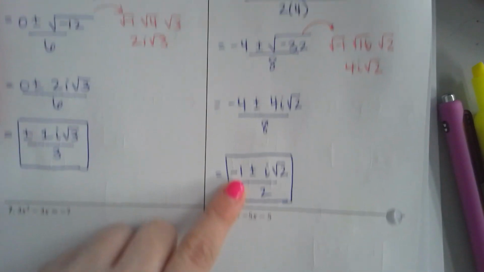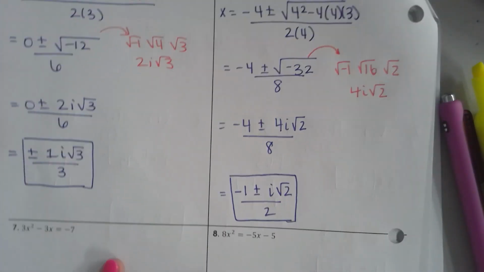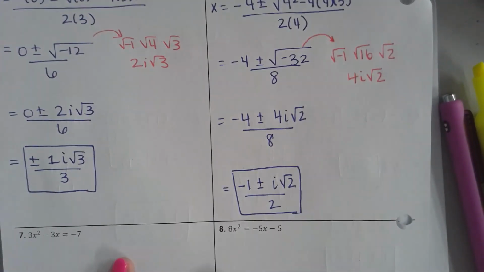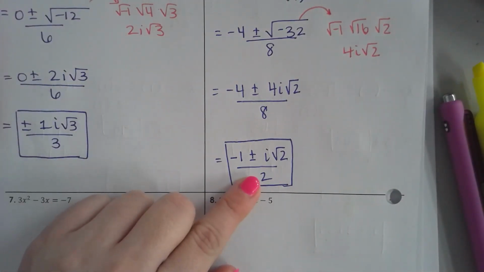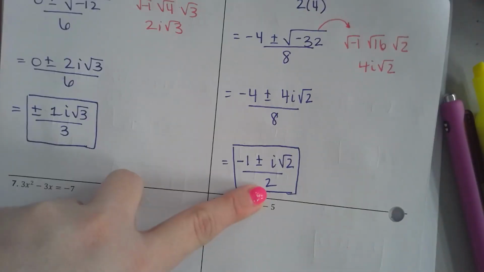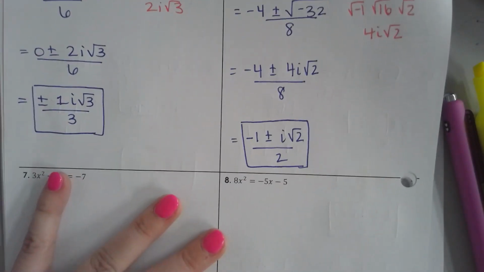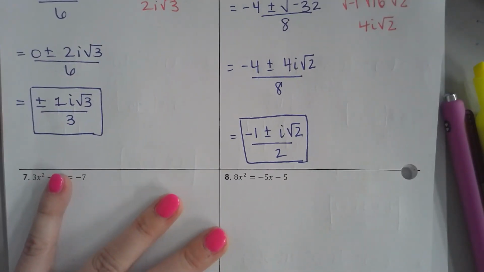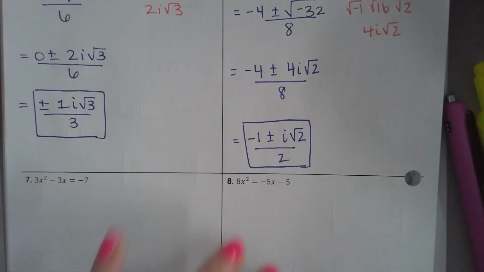So if you did that, your answer might look a little different, but it's actually the same. I will say that on multiple choice, you will never see a negative left in the denominator. You would see it with a negative on top, positive on bottom. Any questions on number 6? Okay.